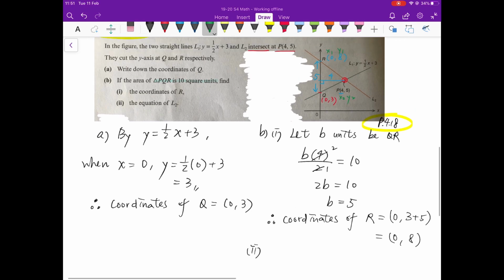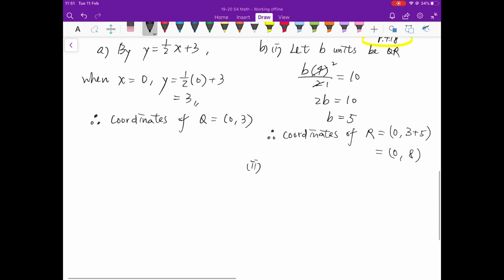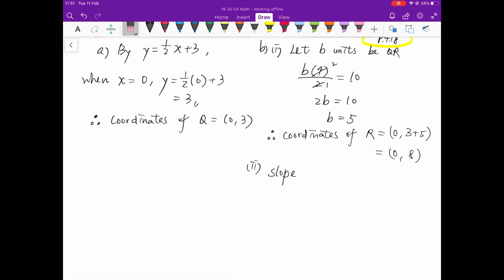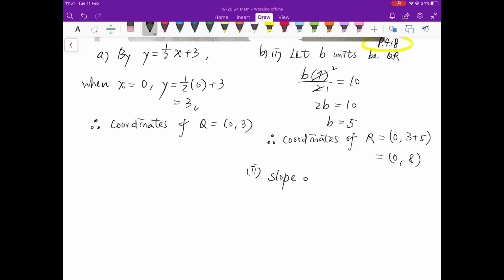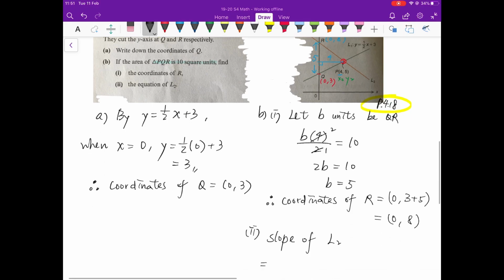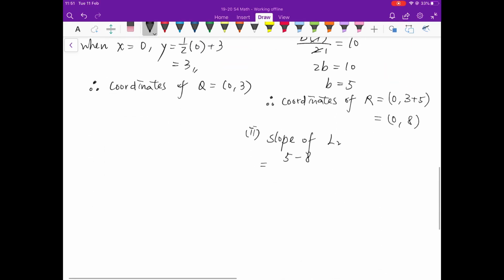The slope is not given, so we have to find the slope first, with the equation y2 minus y1 over x2 minus x1. So the slope of L2 equals 5 minus 8 over 4 minus 0, which is negative 3 over 4.